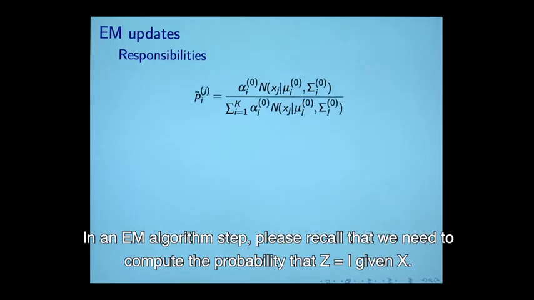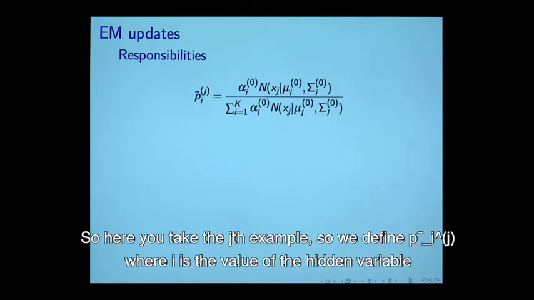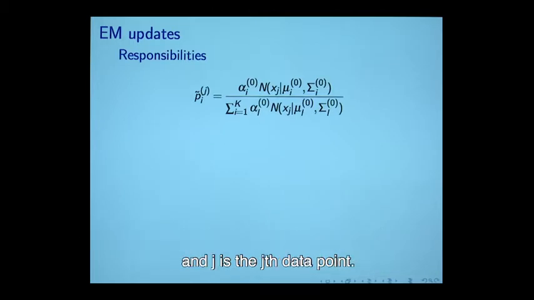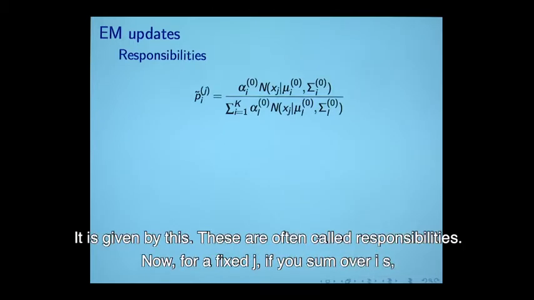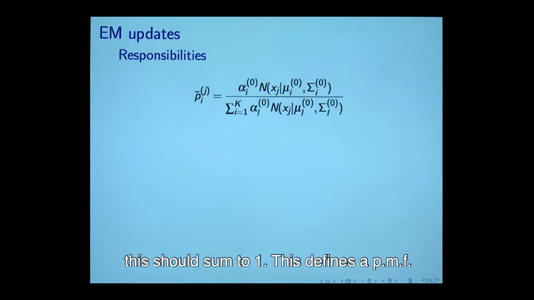In the E step, please recall that we need to compute the probability that z is equal to i given x. Here, assume you take the jth example. We define p tilde i j, where i is the value of the hidden variable and j is the jth data point, as given by this. These are often called responsibilities. For a fixed j, if you sum over i's, this should sum to 1. This defines a PMF, right.